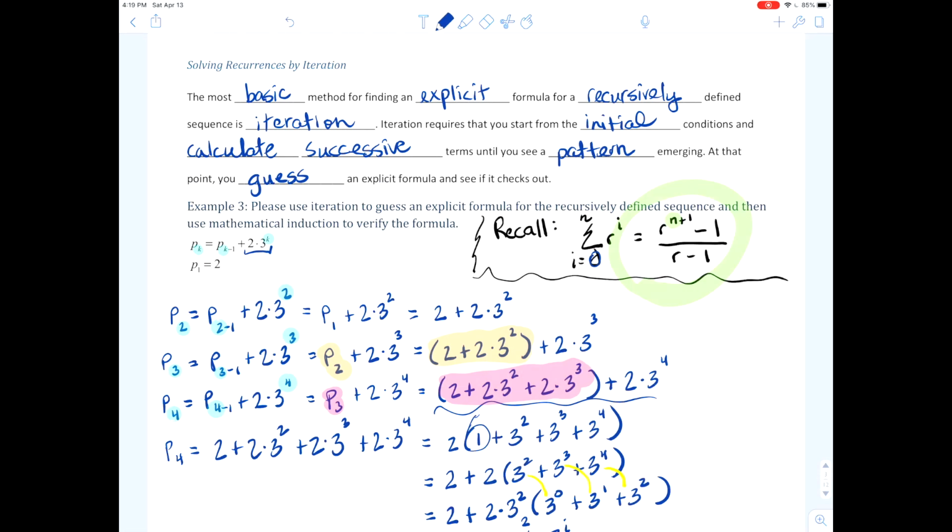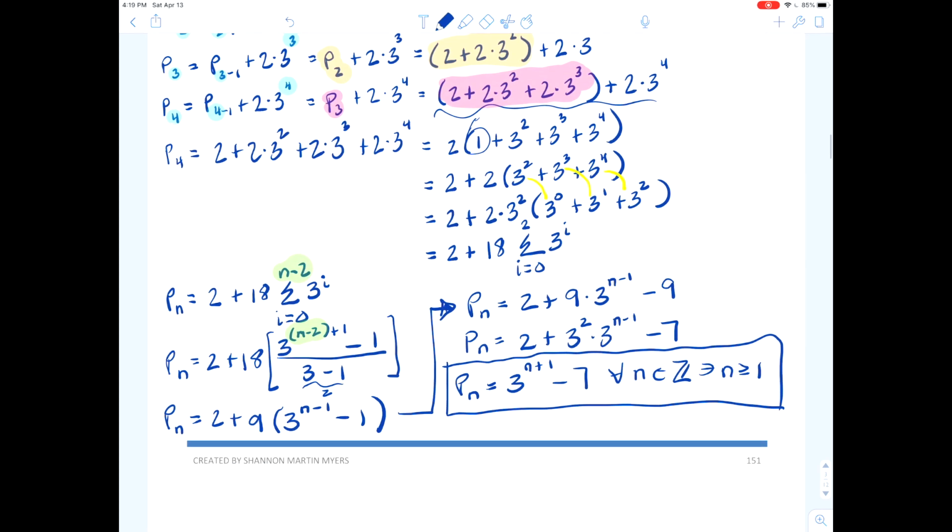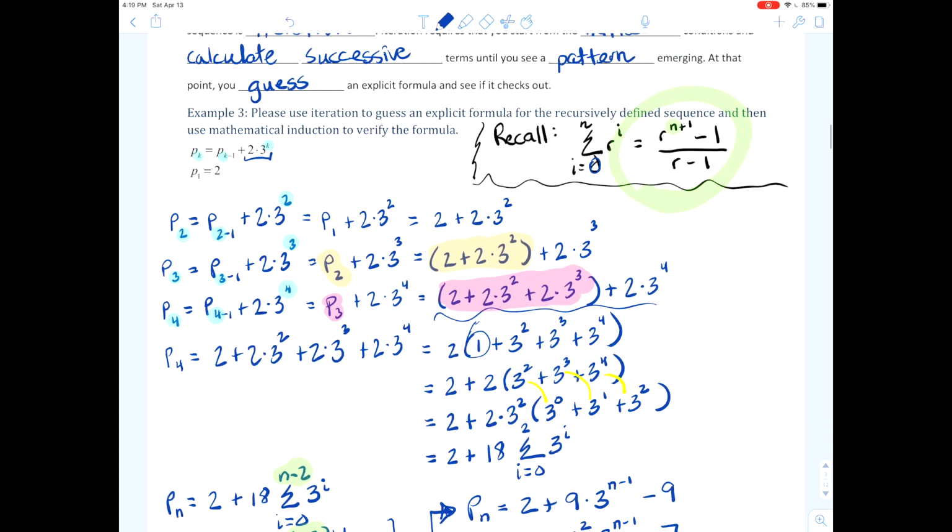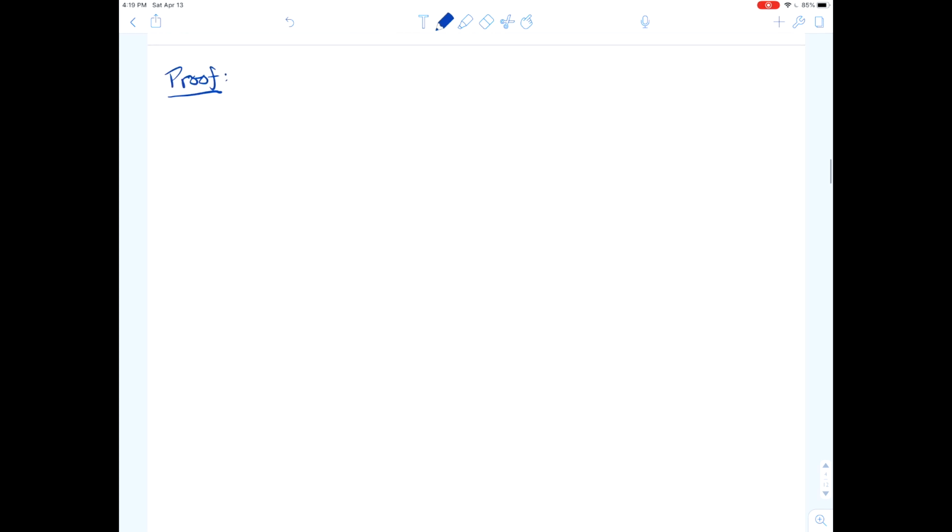Okay, so we're going to show that our new formula is true by utilizing this formula with its initial condition that we know is true. All right, so here we go.